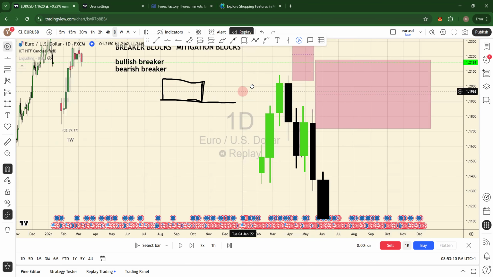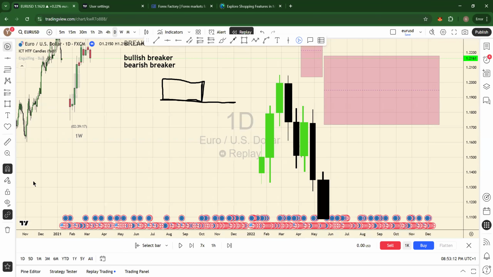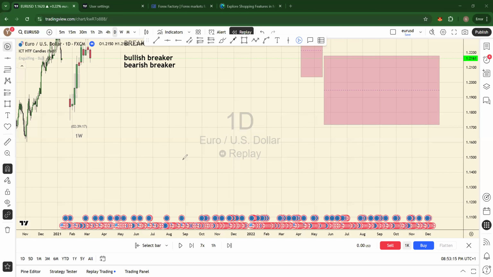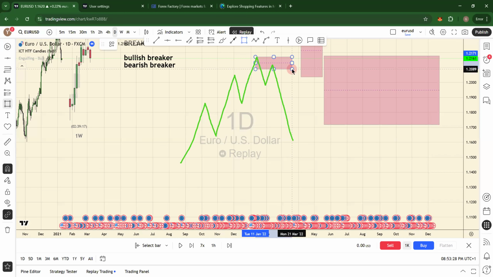Now in line chart form, it's going to look something like this. We have price moving up, and then we have something like this. Now this is our order block here.